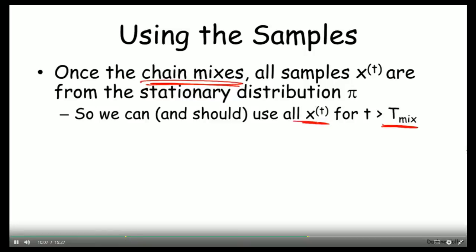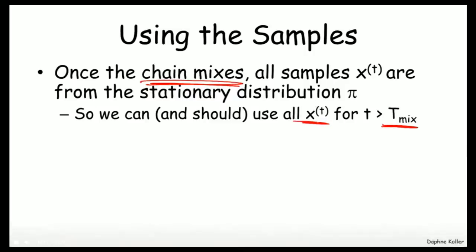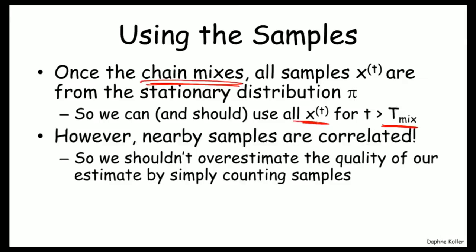But then you might ask, well, why would those papers tell me that I should only collect every 100th sample as opposed to collecting all of the samples if they're all from the correct distribution?